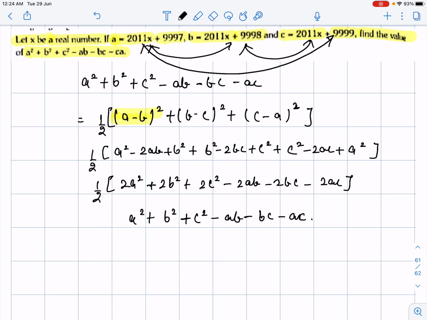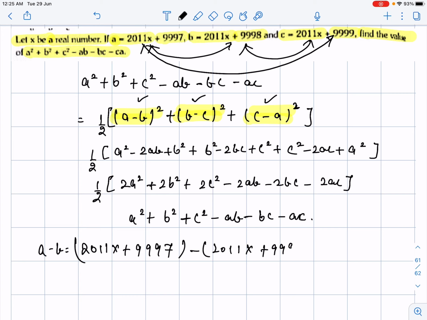That will become quite easy when I make use of the form written on the RHS. So what is the form written on the RHS? The value of a minus b will become 2011x plus 9997 minus (2011x plus 9998), which is equal to minus 1.